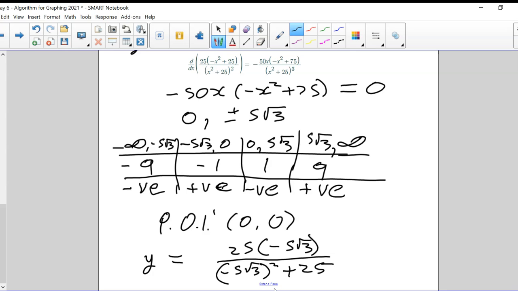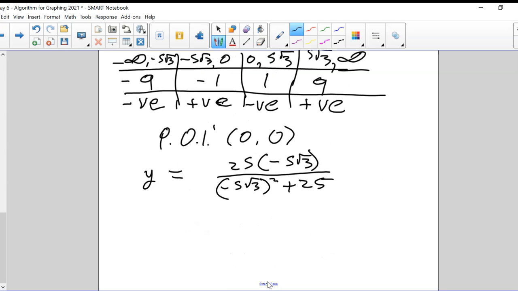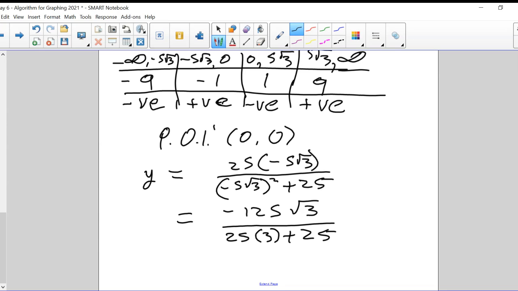Okay, so all I'm trying to do is get my corresponding y value. So this looks like minus 125 root 3. And on the bottom, remember that when I square this minus 5, I'm going to get 25 times 3. When I square the root 3, I'm going to get 3, plus 25.